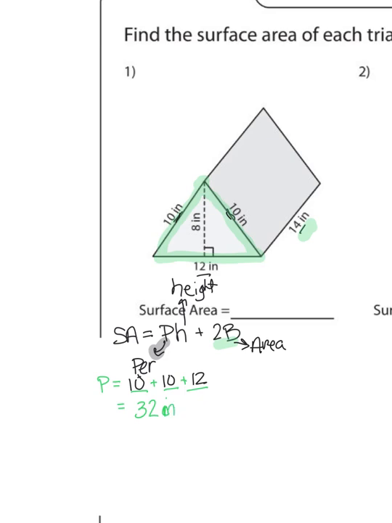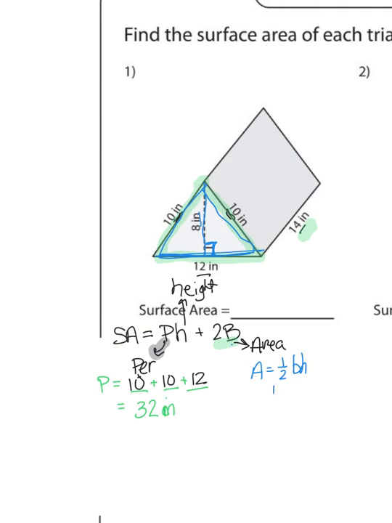The area of the base, the area of this triangle, you would need to find the area of a triangle. That's half times the base of the triangle times the height. Well, the base of this triangle is 12, and the height that's inside the triangle itself is 8.